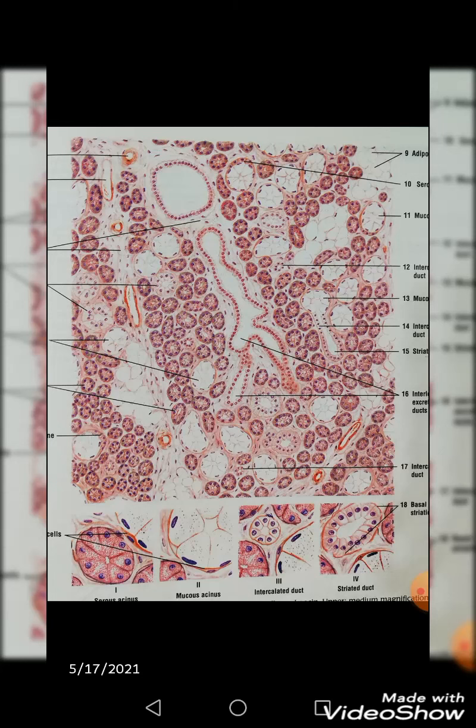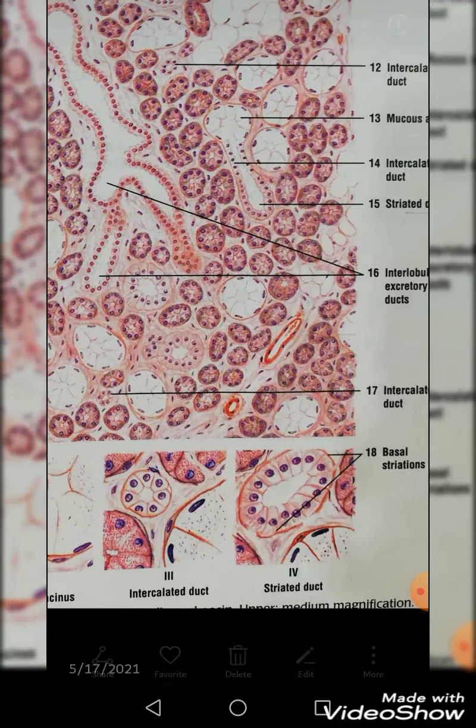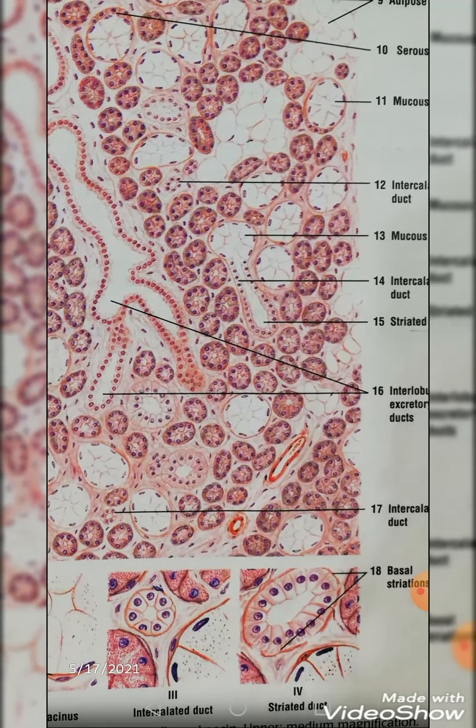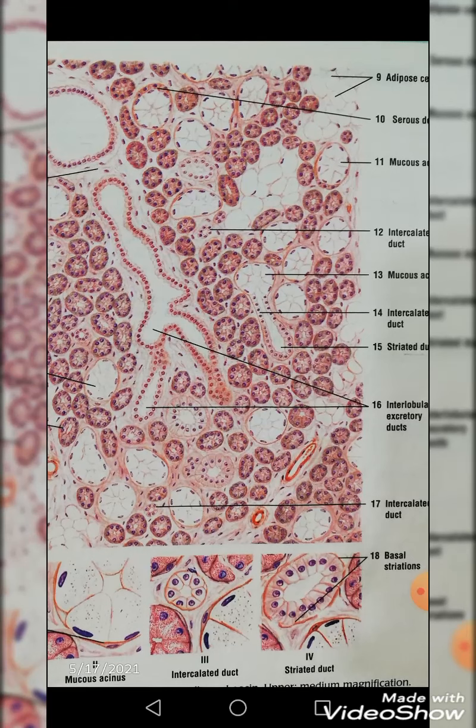There is an interesting thing about them: you have serous demilunes present around the mucus acini. What are these serous demilunes? They have a half-moon shape or crescent appearance.